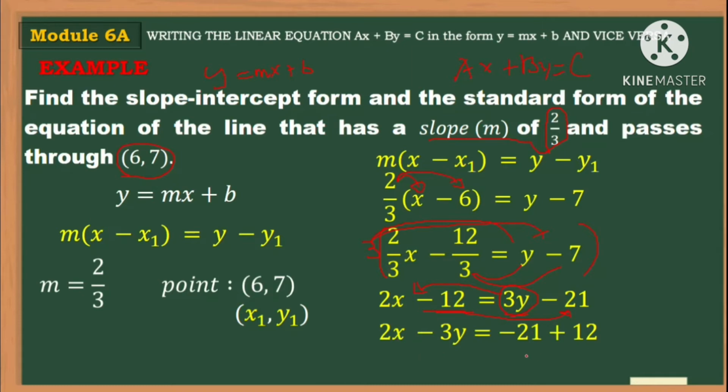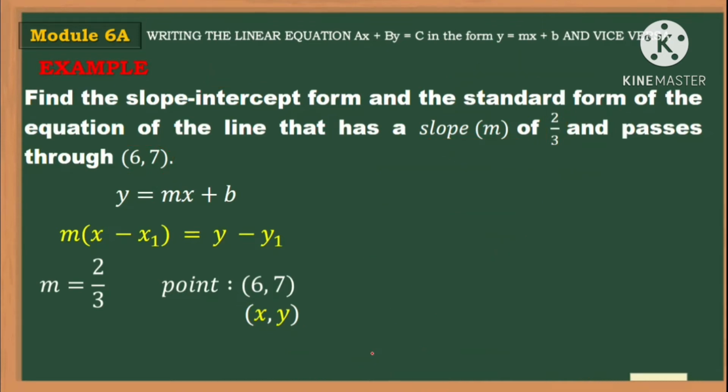So simplify this one, that is 2x minus 3y is equal to negative 9. So the standard form is 2x minus 3y is equal to negative 9. This is the standard form of a linear equation.